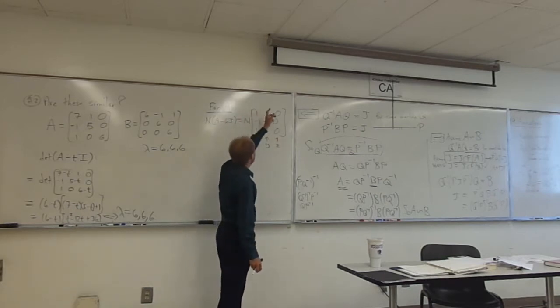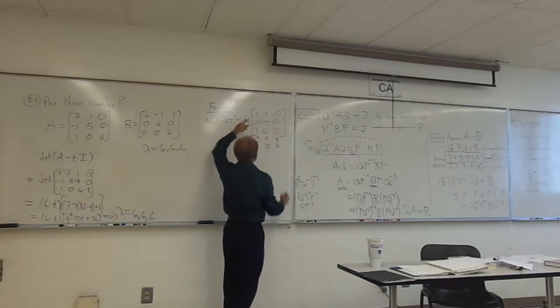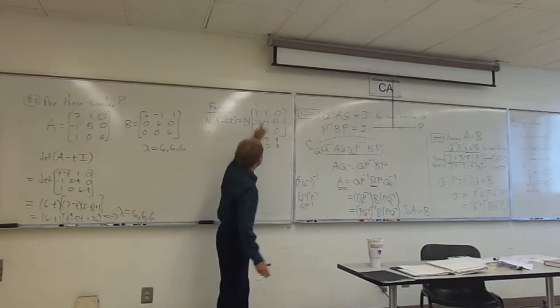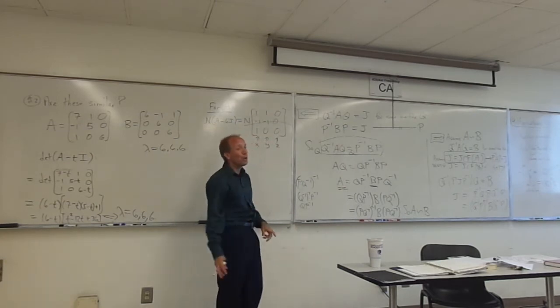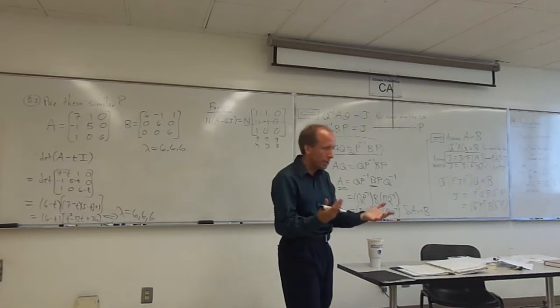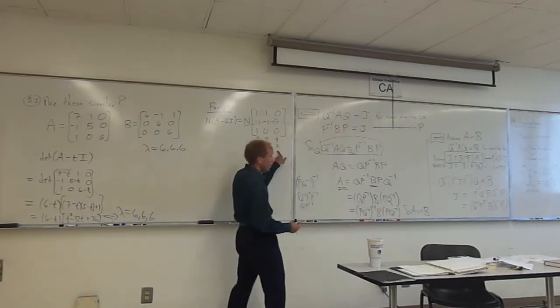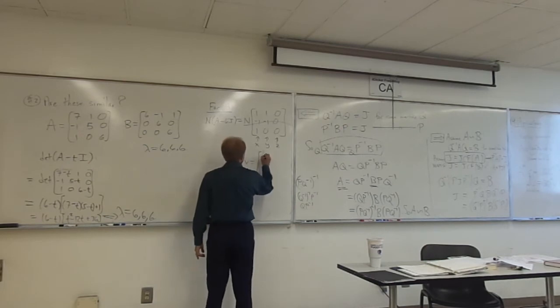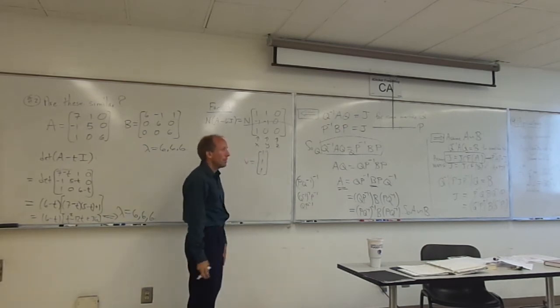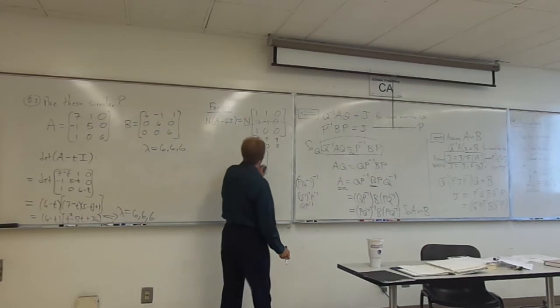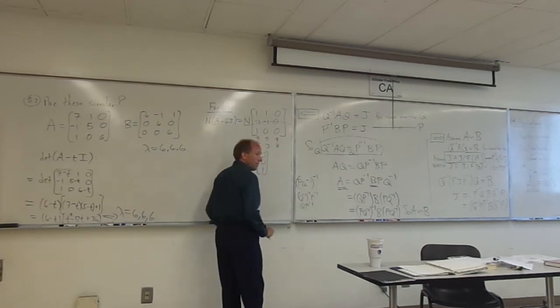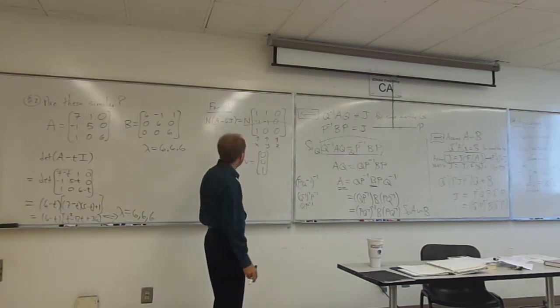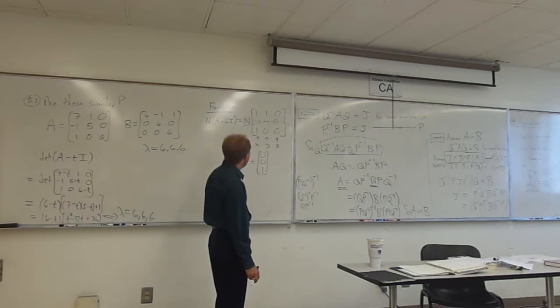And then the first line tells me that, of course this line is the same, x plus y is 0. So x plus y is 0 and x is 0, so therefore x and y are both 0. But z is free, right? So I'm going to get one eigenvector, 1, 1, 1. I'm sorry, the eigenvector is 0, 0, 1. Right, 0, 0, 1.